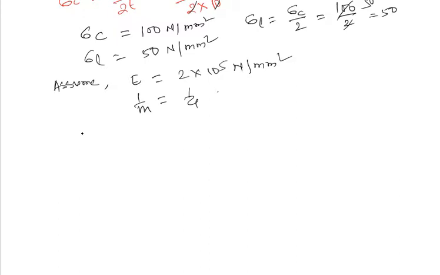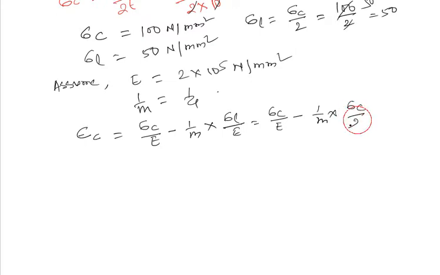We know epsilon c, circumferential strain, is equal to circumferential stress by E minus Poisson's ratio multiplied by longitudinal stress by E. So here we can put circumferential stress, that is sigma c by E minus, we know that this longitudinal stress is equal to half of the circumferential stress to E, correct?